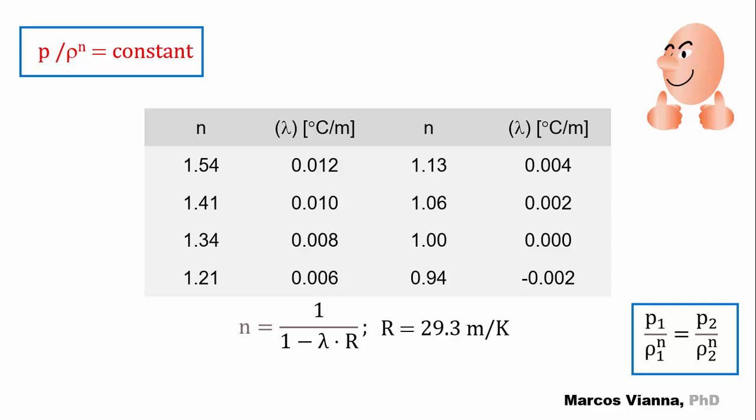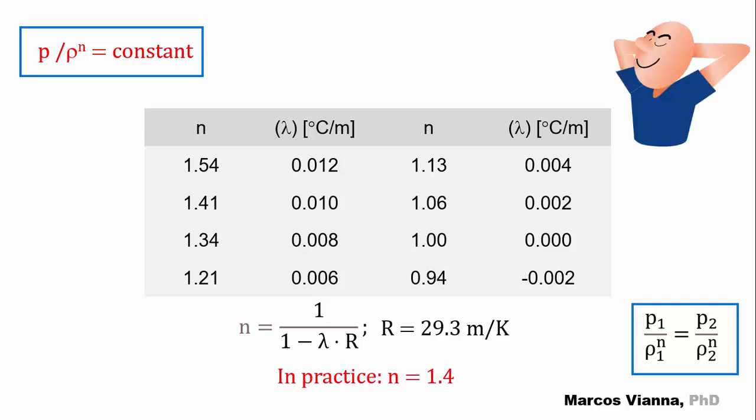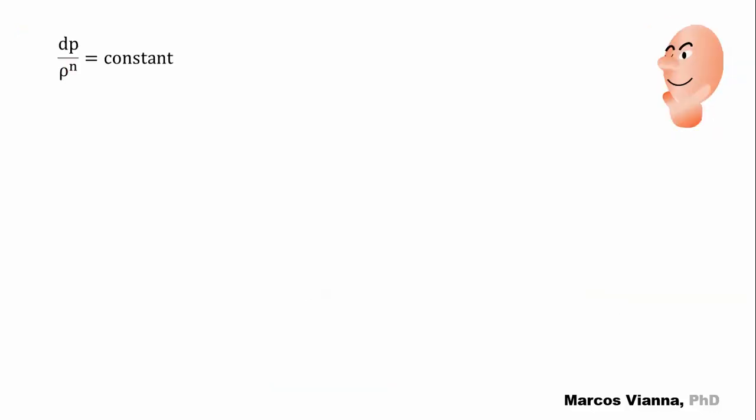For the atmospheric air with R equals 29.3 meters per Kelvin, the n values corresponding to lambda values between usual limits are shown in this table. The practical value that we use in most cases is n equals 1.4. It's not too hard for us to find the relationship between elevations and pressures.